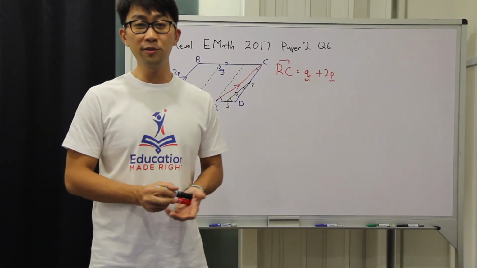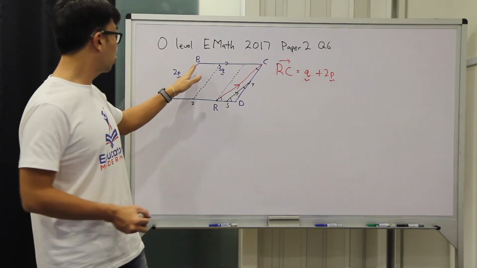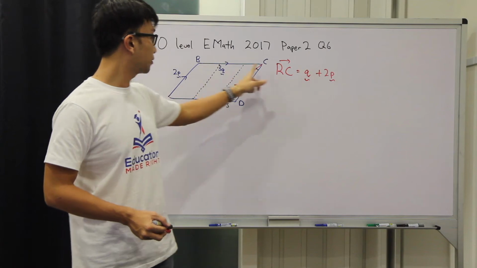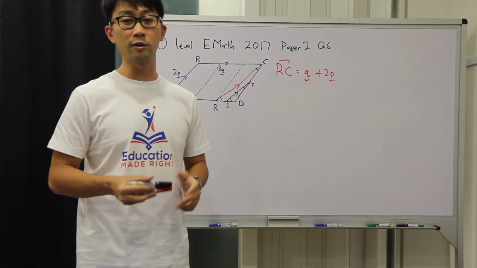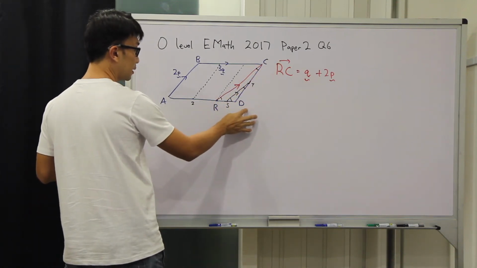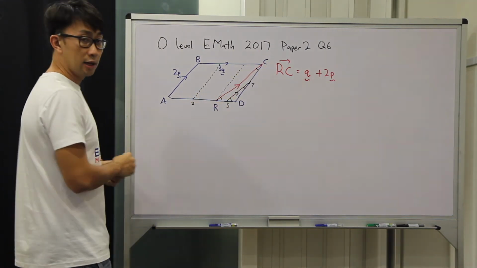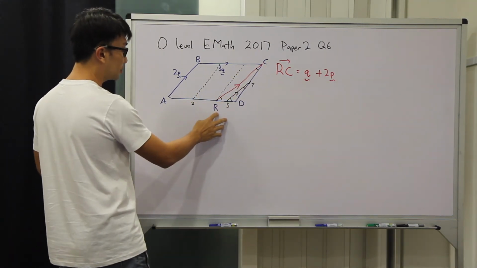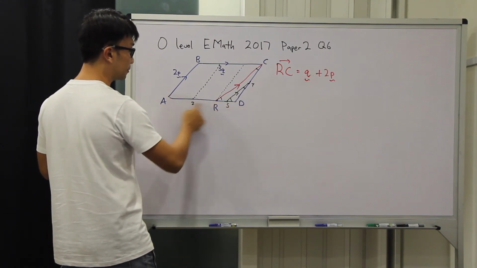Alright, now for part 3. Q is a point on BC, so we have Q is a point on BC right here, and triangle QAB is congruent to triangle RCD. So we have RCD here, and we have Q somewhere on BC such that it's the same. You realize that R is 1/3 of this AD.